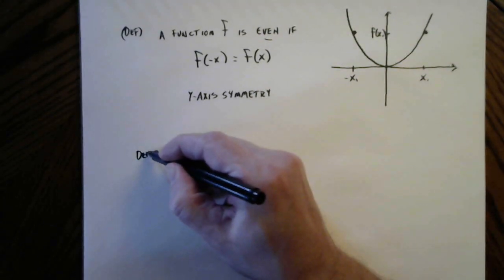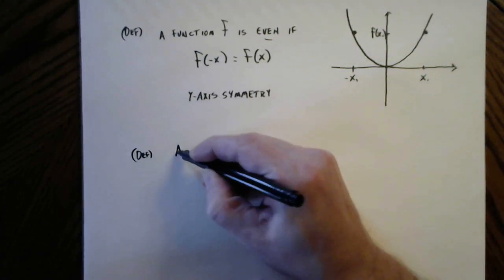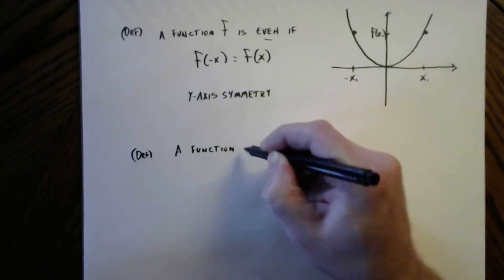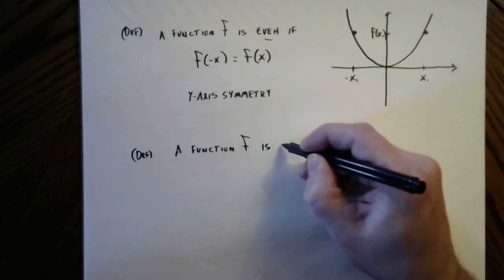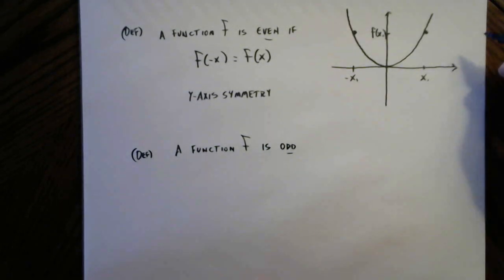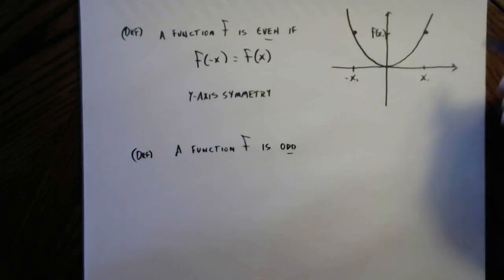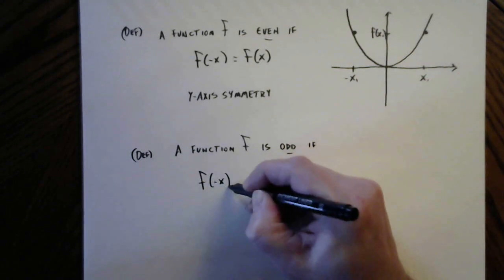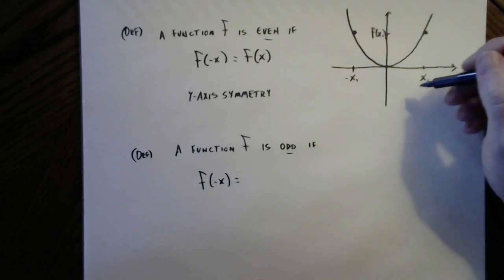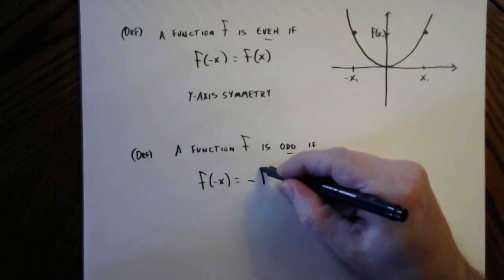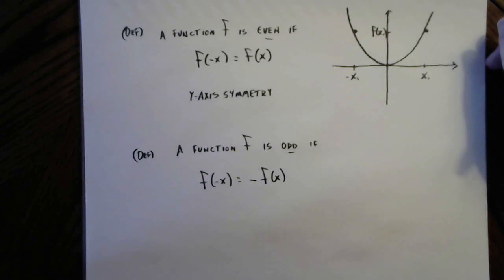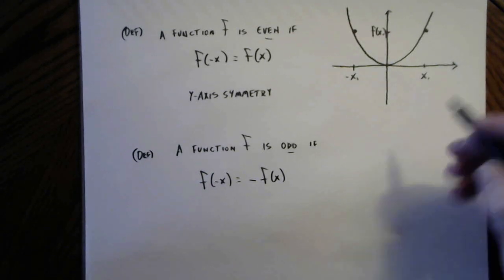Similar. A function f is what we call odd if f of negative x equals, not f of x this time, negative f of x. Well, what would that look like?